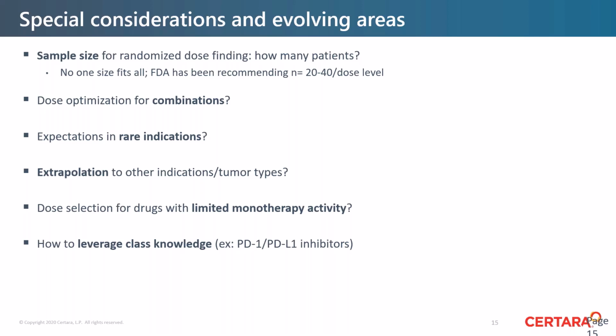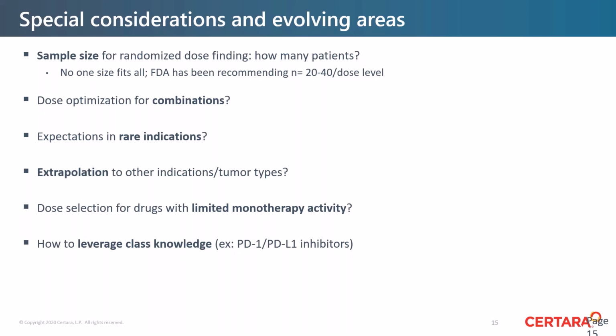Now moving to dose optimization for combination. Combination dose optimization is impacted by multiple factors, such as the mechanism of the combination. Is it additive or synergistic? It's also impacted by the drugs in combination.